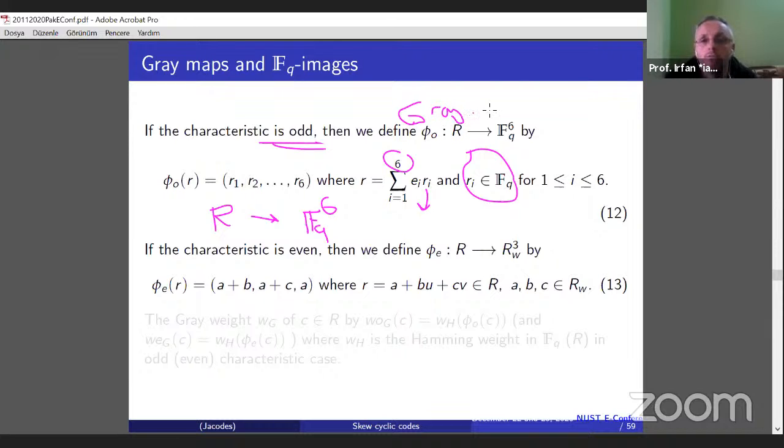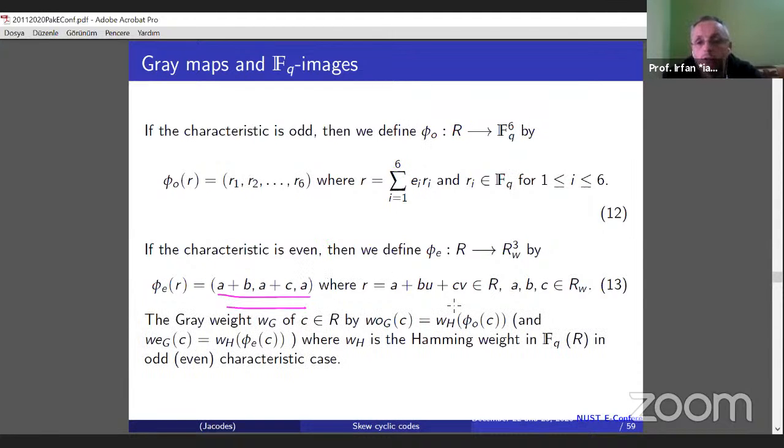We credit the very first definition of the skew, I mean, not the skew, but the ring case. And also, if we are in the odd or even case, these are also the coefficients of that decomposition. So basically, we have a Gray map that brings us down to the Hamming weight. That's what's happening.